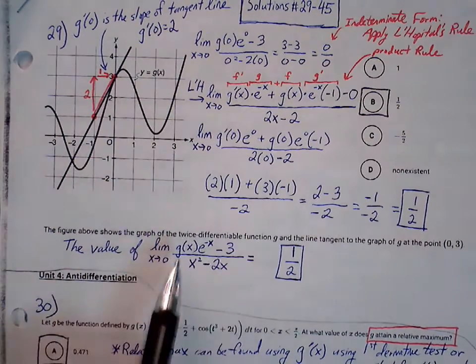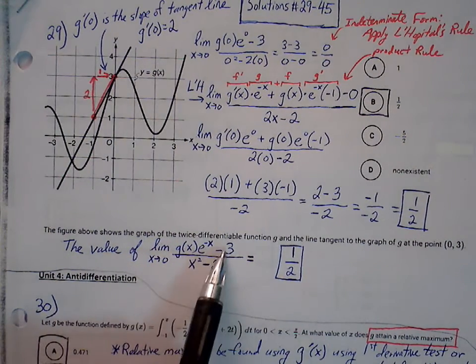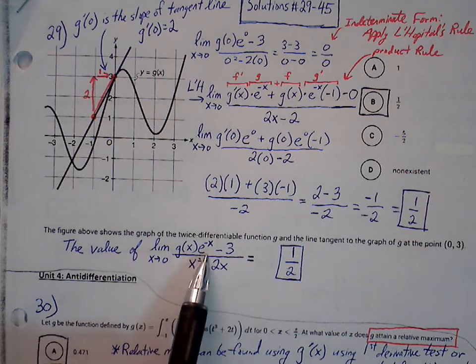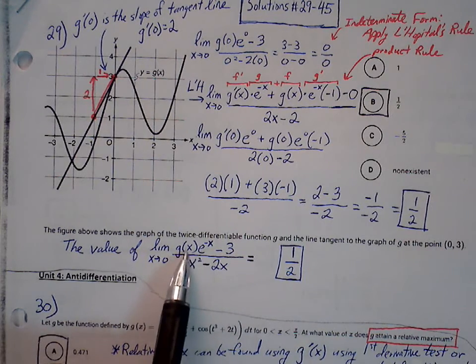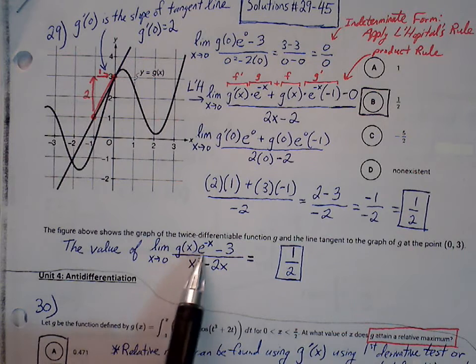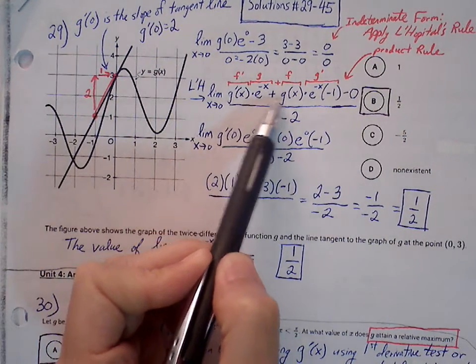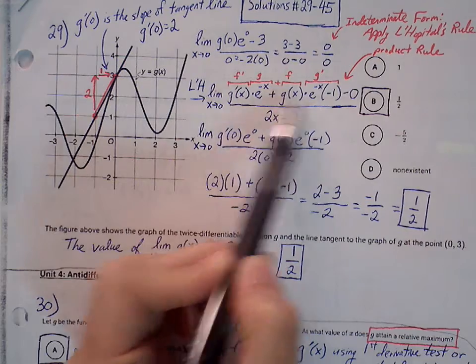So if we want to find the derivative of the numerator expression, we know the negative 3 goes to 0, but the g of x times e to the negative x are distinctly separate expressions that are being multiplied together. If we want to find the derivative of terms related to one another by multiplication, then we have to use the product rule. The product rule says f prime times g plus f times g prime.